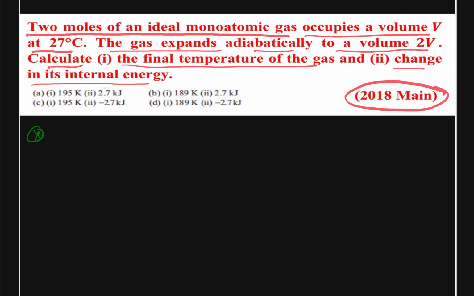So we can say for monatomic gas, we have gamma equal to 5/3.